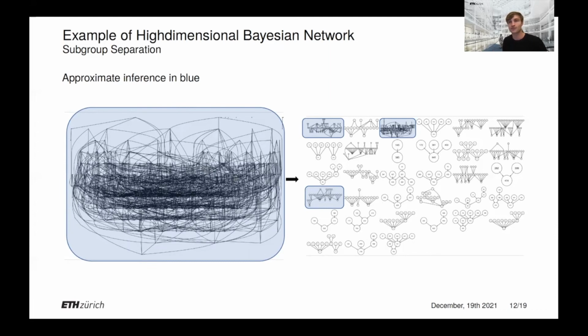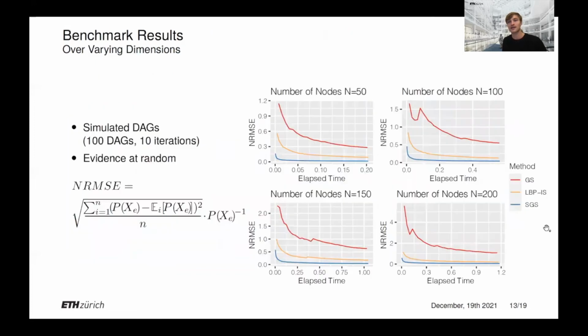There's also the proof of that in the preprint, if you want to see that. And we also had a look at the benchmarks, which is obviously a bit more of practical interest. So we compared it to the Gibbs sampling scheme and loopy belief propagation, which are very prominent representatives of both MCMC and variational inference.